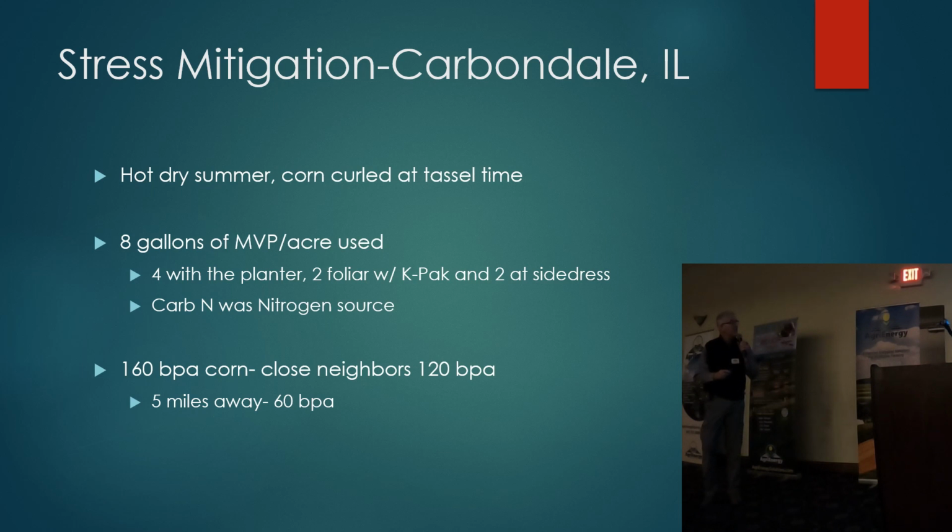He harvested 160 bushel corn per acre, which he was extremely happy with considering the conditions. To best of his knowledge, the best corn other than his in the neighborhood was running 120. He said you go 5 miles away where they missed 1 shower and they were making 60 bushels per acre.